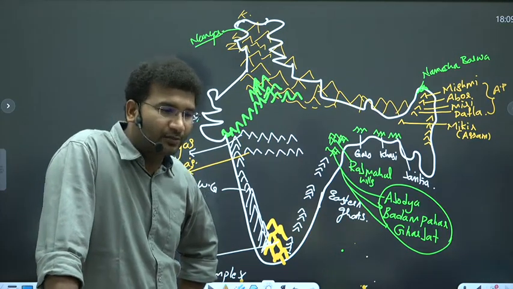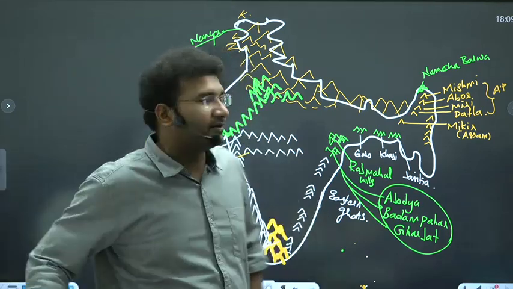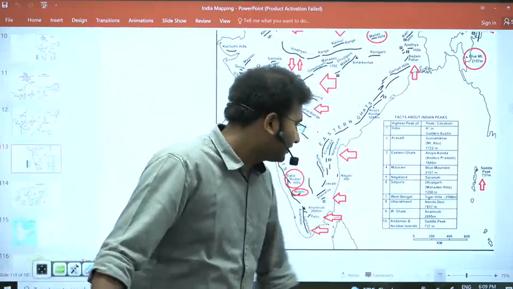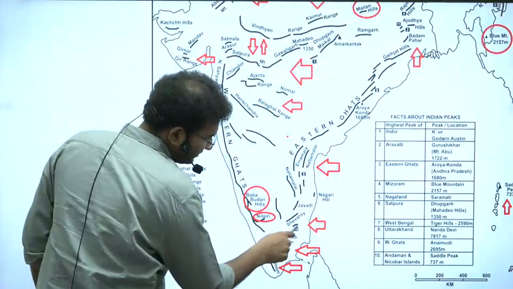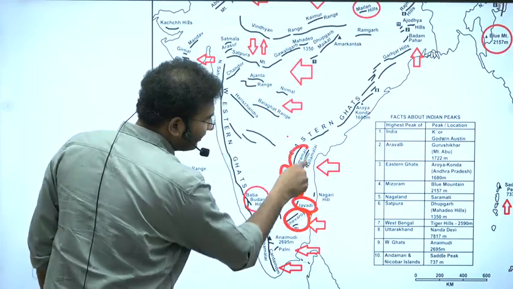Nallamalla is in the Andhra Pradesh boundary. Maybe in the same map you may not get it, you will get it somewhere else. Look here. See, south is Shivroy Hills, Javdi Hills, Nallamalla, Erramalla.